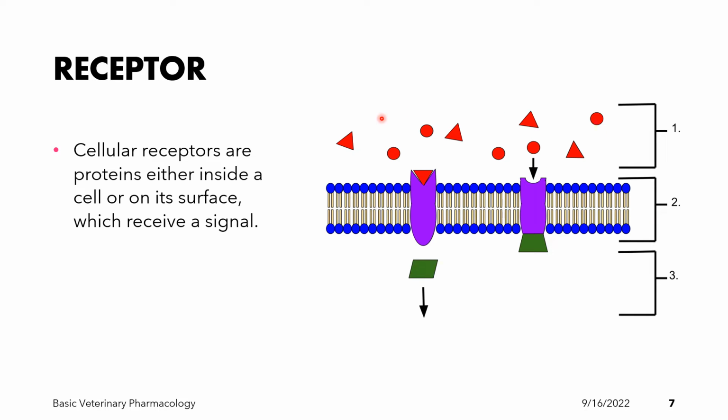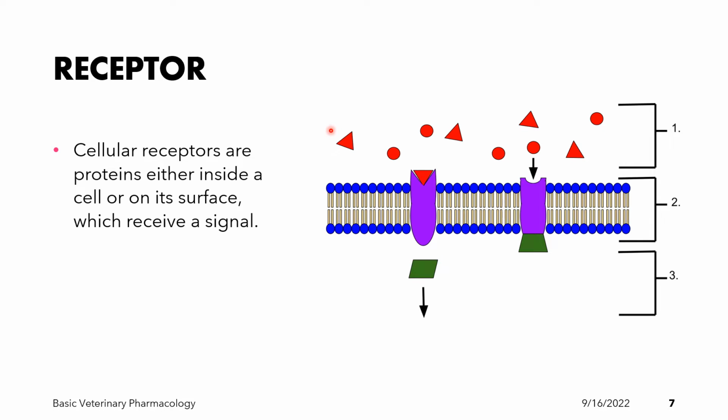In this case, the drug represents the signal, and we have here the receptors that are found in the cell membrane, and this is the intracellular area of the cell.